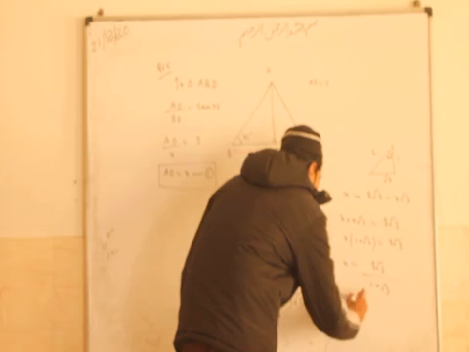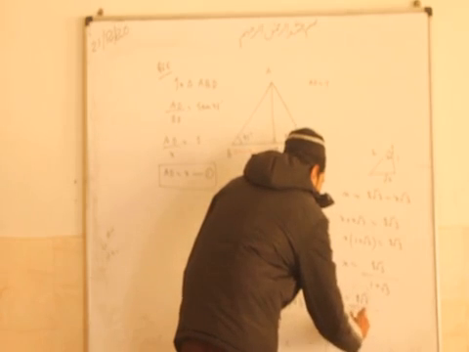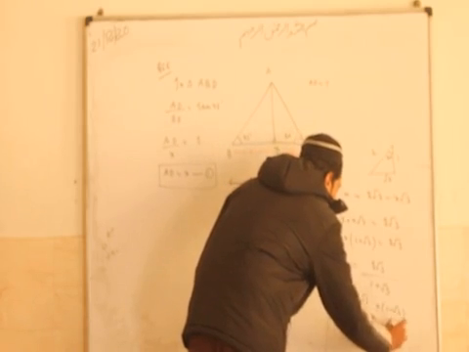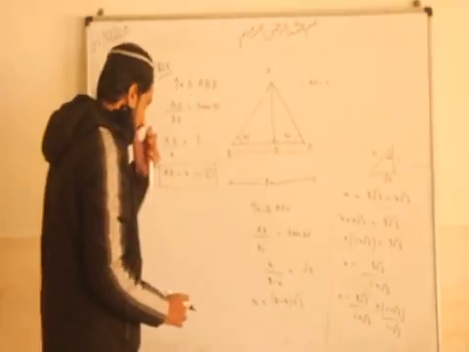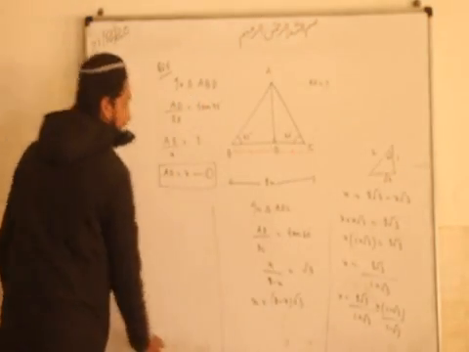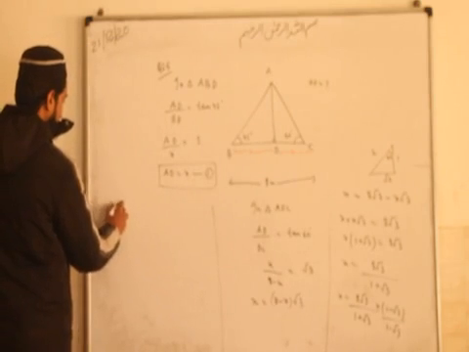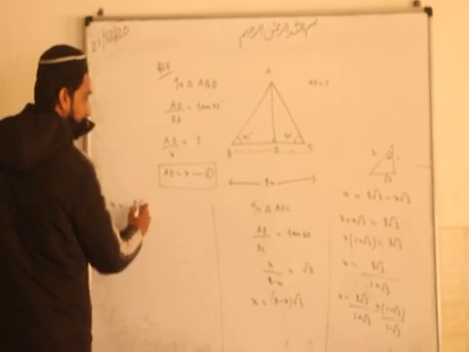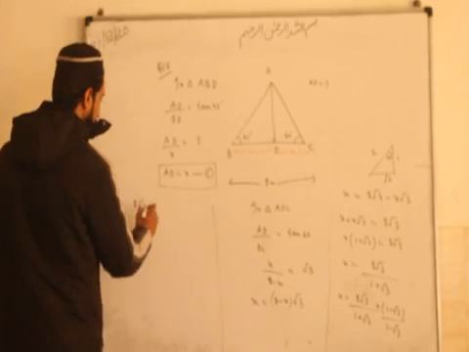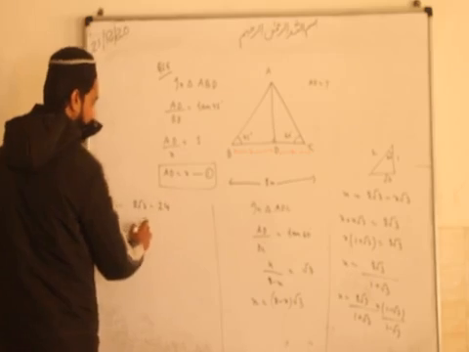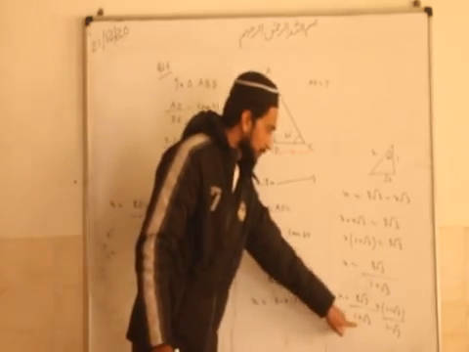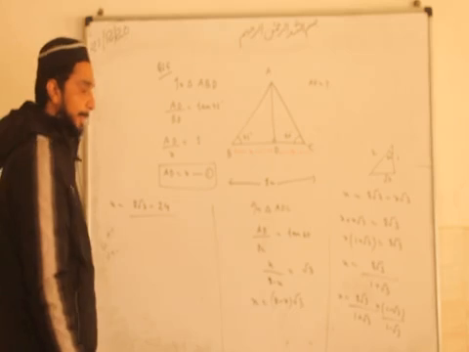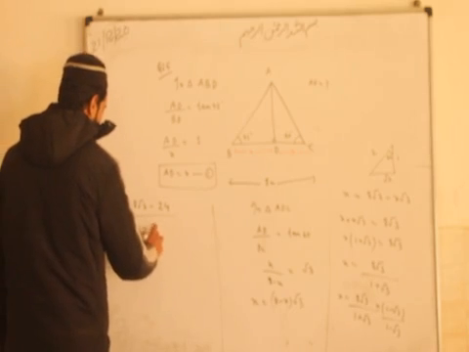So x will be equal to 8 root 3 upon 1 plus root 3, into 1 minus root 3 upon 1 minus root 3. After that I am solving here. So x equals, we multiply 8 root 3 by 1, so 8 root 3 only. Then 8 root 3 into root 3 will be 24. And here a plus b, a minus b is a square minus b square, so 1 minus 3, which is minus 2.